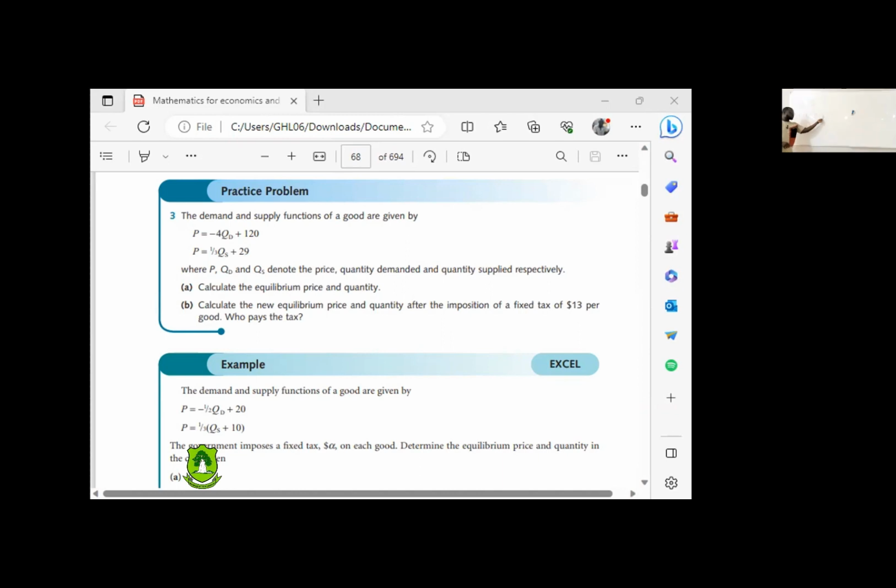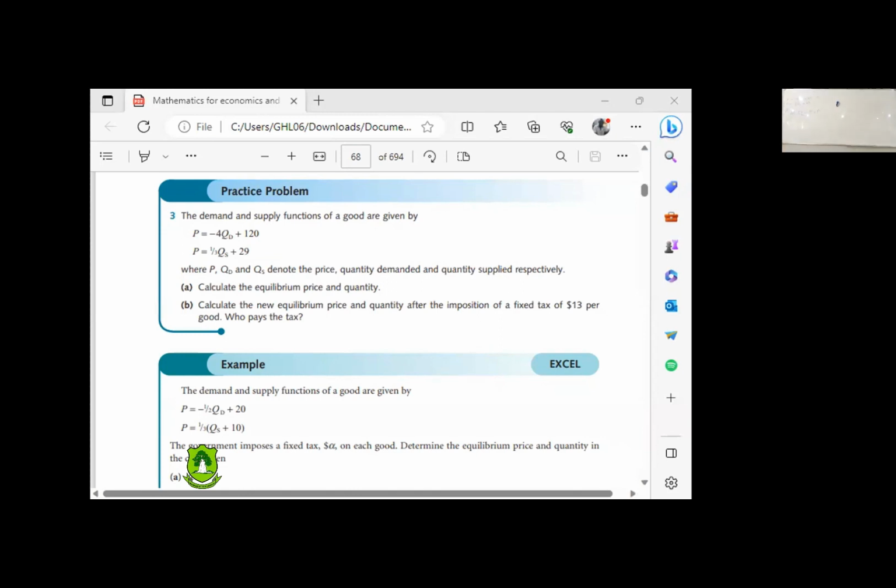But when you use this route, you have to make this one the subject and make this one the subject before you can equate it, which will be a long procedure. So at equilibrium, the price from the demand side is the same as the price from the supply side.